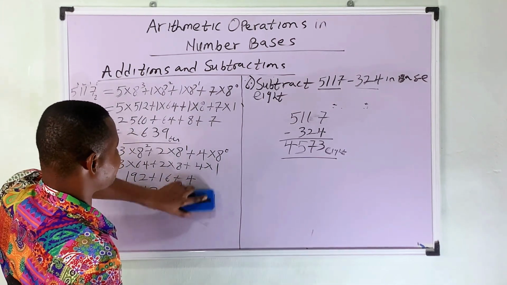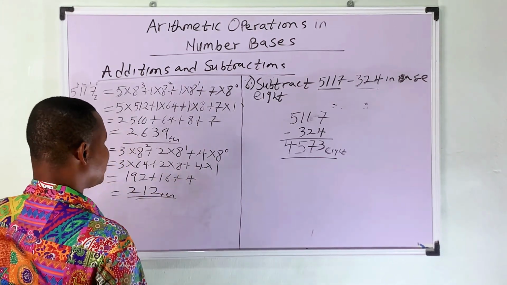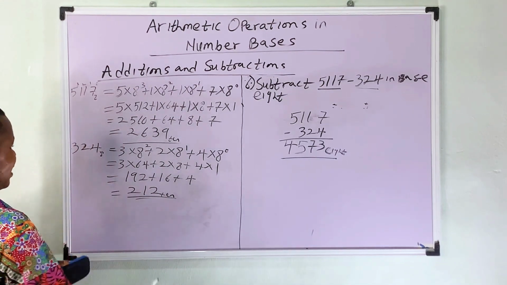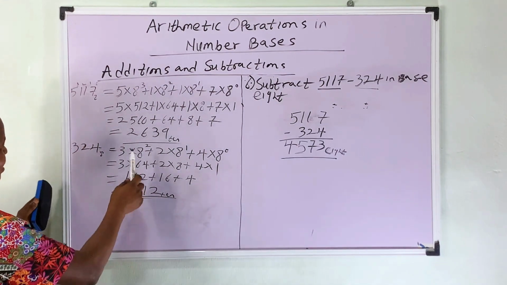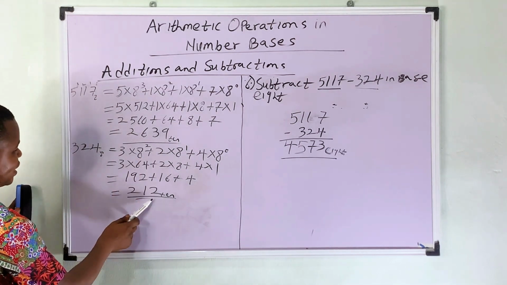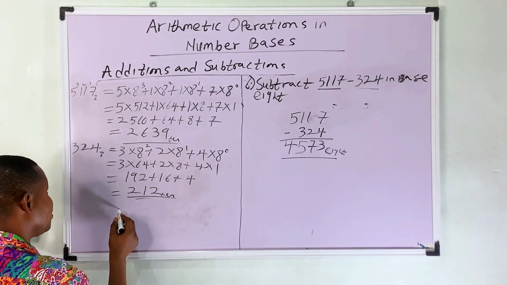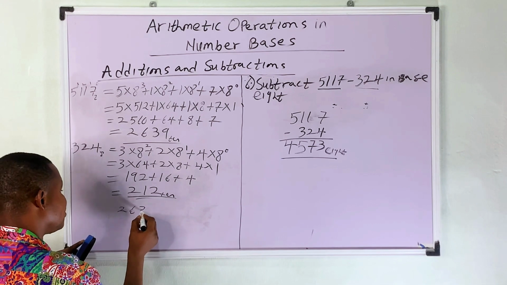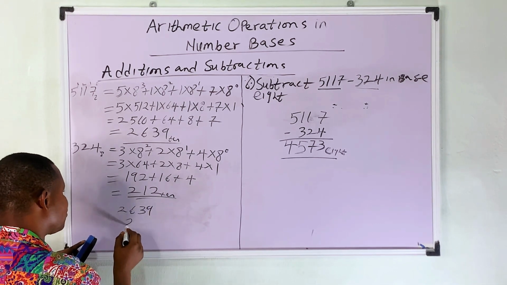Now, let's perform the subtraction operation between these two base 10 equivalents. This will now be 2639 minus 212.